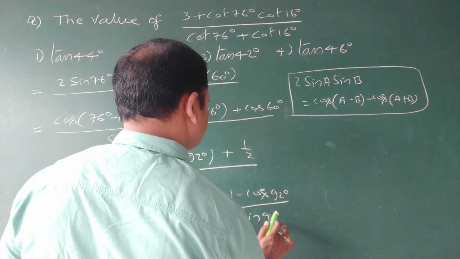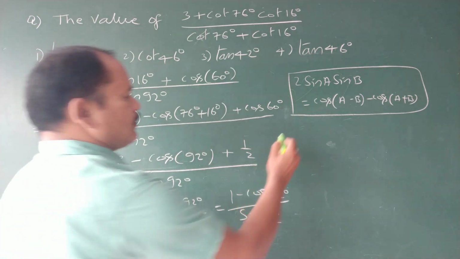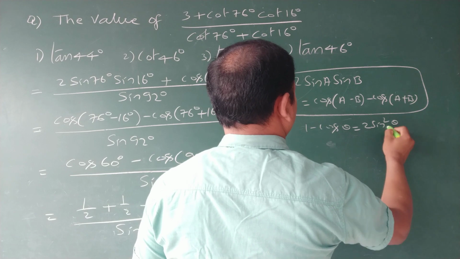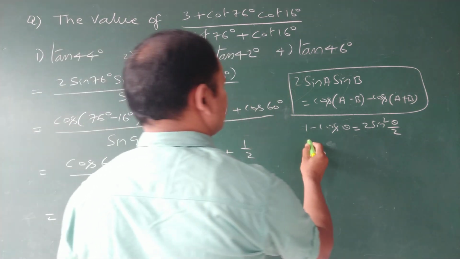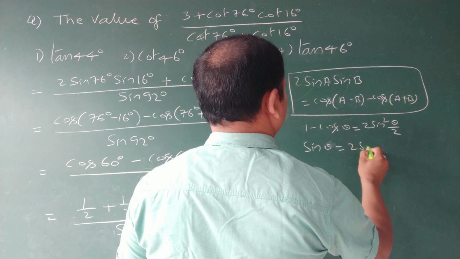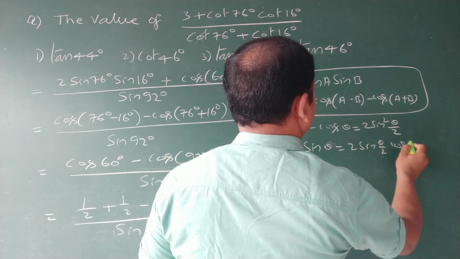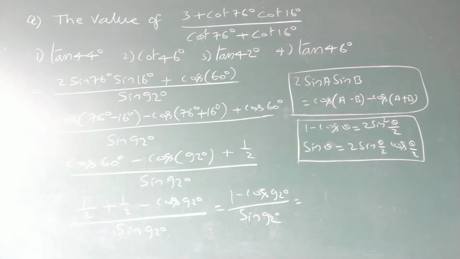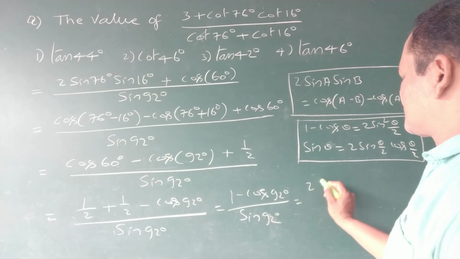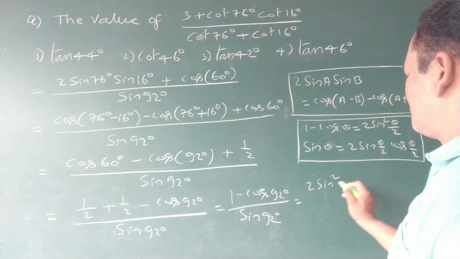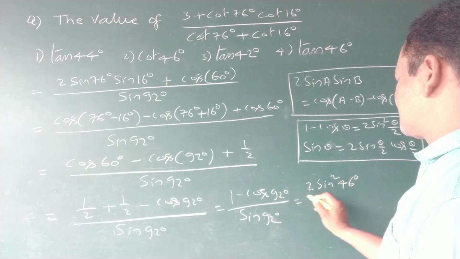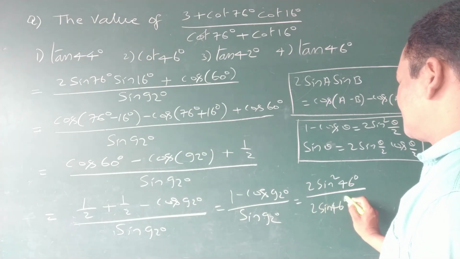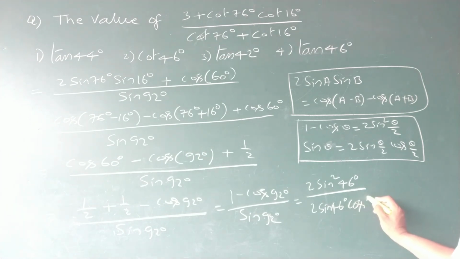Now we have to use a formula here: 1 minus cos theta is 2 sin square theta by 2, and sin theta is 2 sin theta by 2 cos theta by 2. According to these two forms, here it is 2 sin square 46 degrees, since 92 by 2 is 46, and in the denominator 2 sin 46 degrees cos 46 degrees.